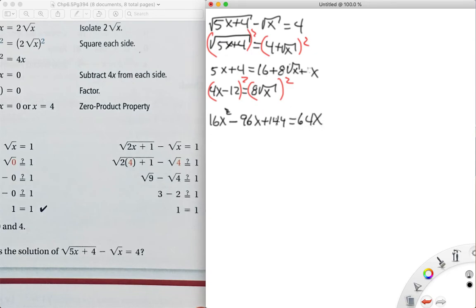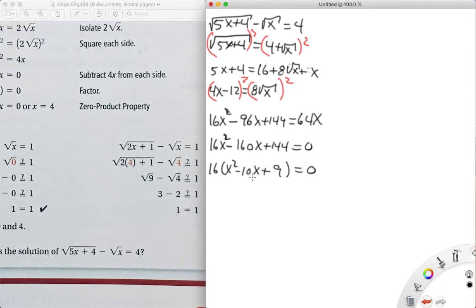I'm going to subtract 64x from both sides, and I get 16x squared minus 160x plus 144 equals 0. I can factor out a 16. So this is 16 times x squared minus 10x plus, let's see, 144 divided by 16 is 9.